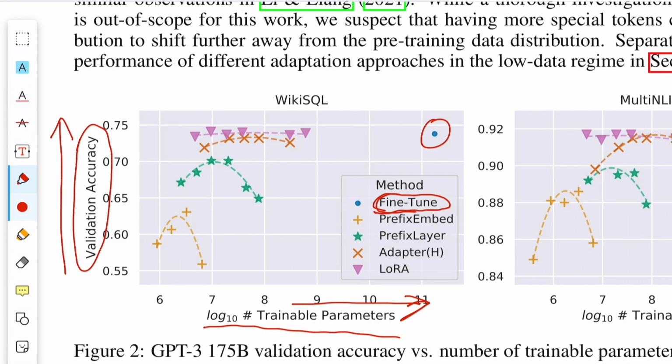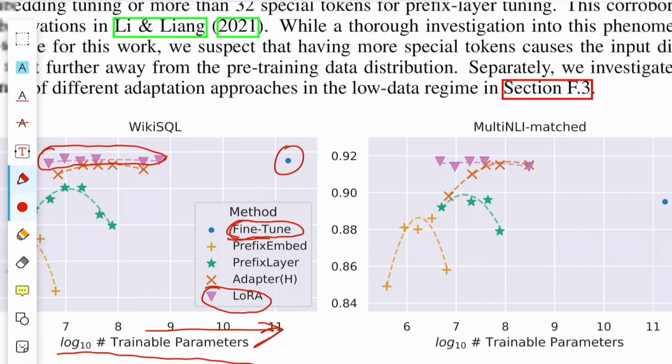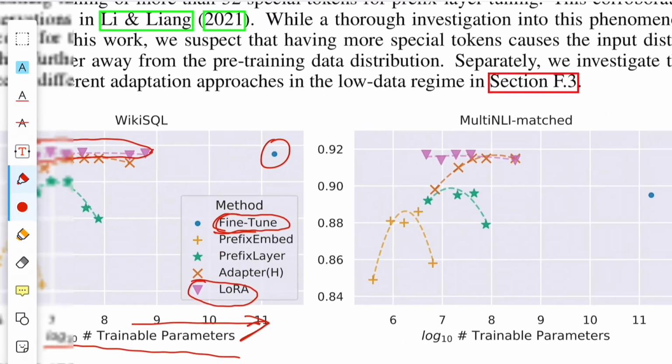So let's look at the other methods. From the diagram we can say this method is better because it has better accuracy. What is this method? Okay, it is LoRA. LoRA is the best method.